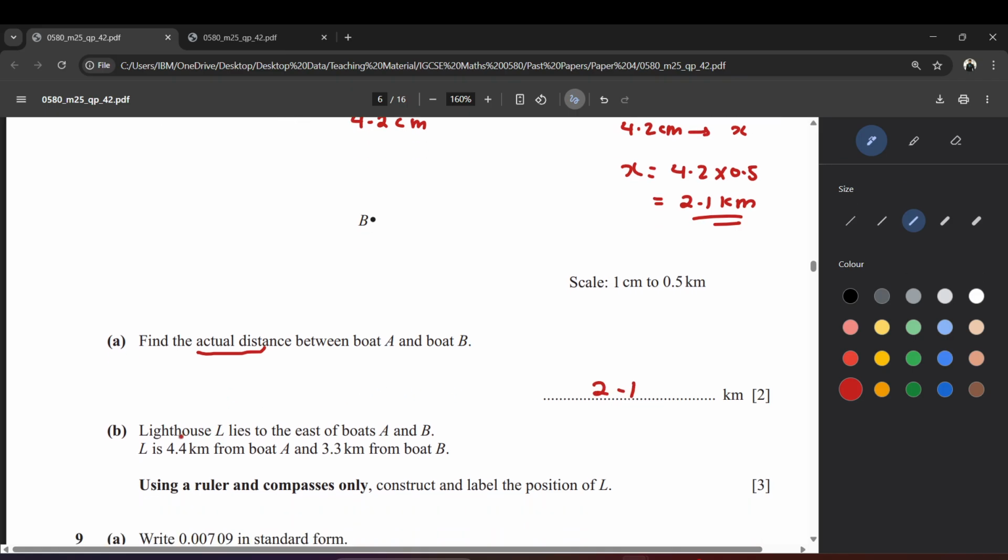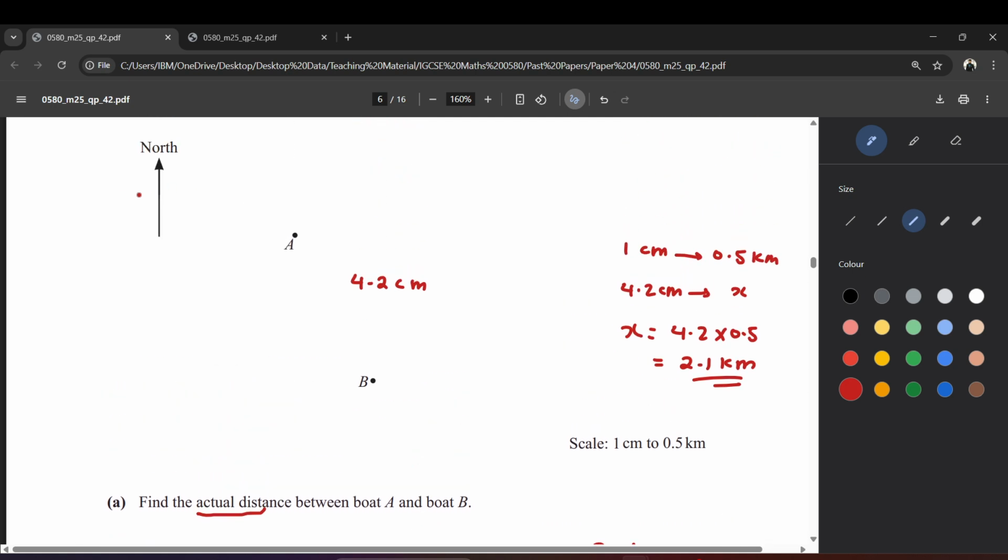Now, in part B, it says lighthouse L lies to the east of boats A and B. Okay, so east is over here.